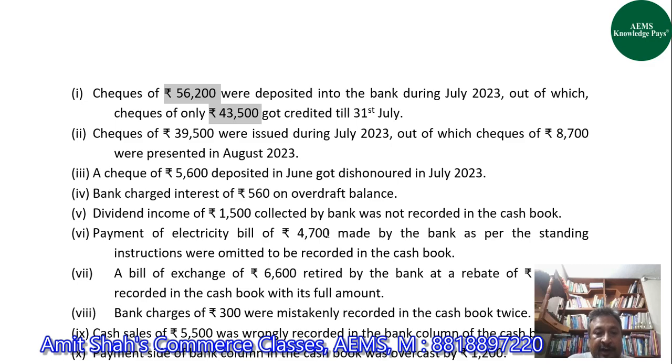The difference of these two is 12,700. Because of this difference of 12,700, there is a difference in cash book and passbook balance. We are moving towards cash book balance in this question. Because of this difference, our cash book balance is more.